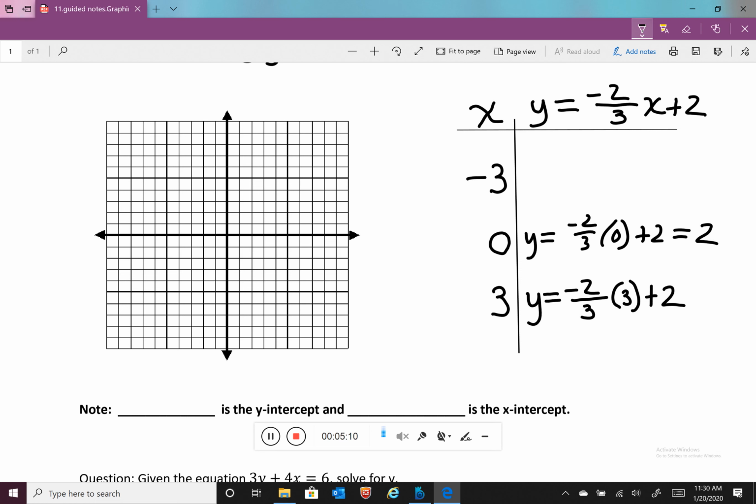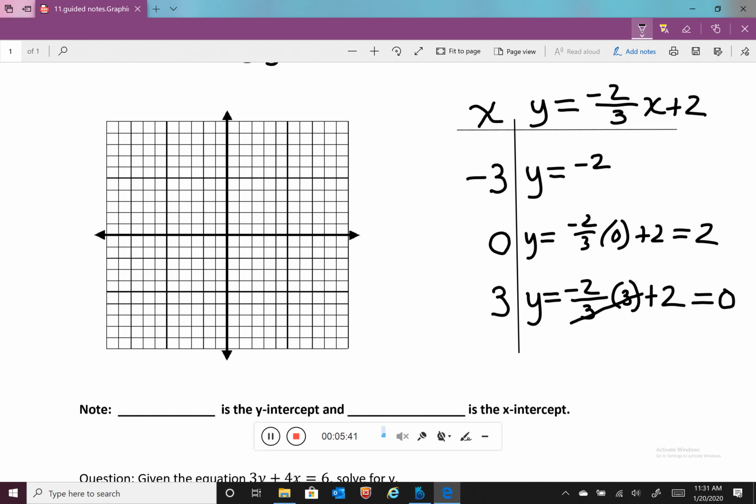We have negative 2 divided by 3, but now we're multiplying it by 3, which is then going to simplify the 3's, which gives us negative 2 plus 2, which gives us an output of 0. So I'm choosing multiples of 3 because the denominator is 3. That's going to be very convenient for us because then my denominator will cancel and I'm not going to end up with messy fractions.